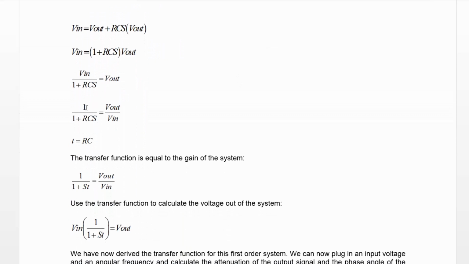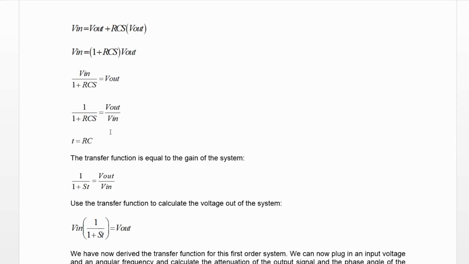Then divide both sides by volt in, and the volt ins cancel out here. We get volt out over volt in on the other side, and we get 1 over 1 plus RCS equals volt out over volt in.